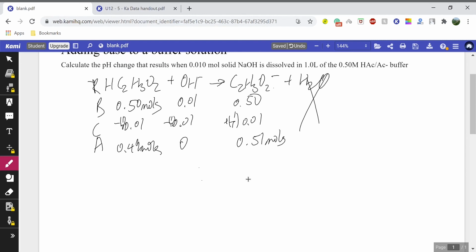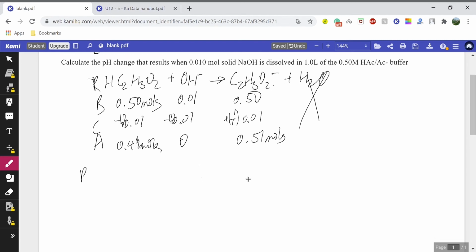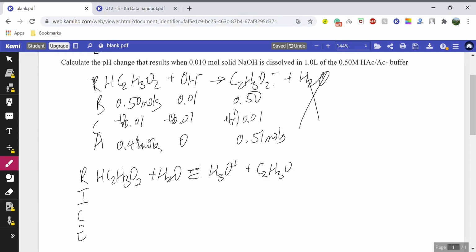Now we can use a RICE chart, and the reaction will be HC2H3O2 plus H2O forms H3O plus and C2H3O2 minus. Initial is going to be 0.49 molar, and we bring down 0.51 molar here as well. H2O, we don't care. And the concentration of H3O plus, we start off with 0.